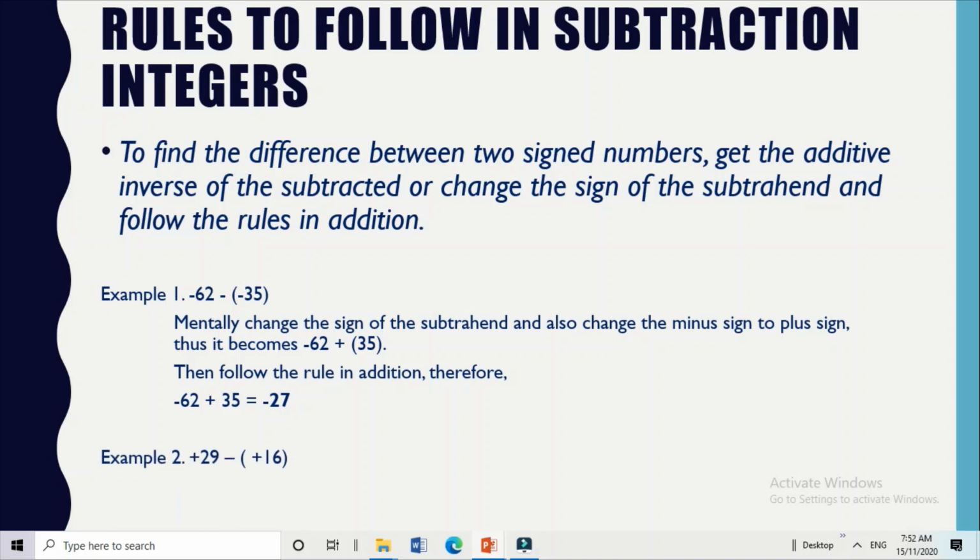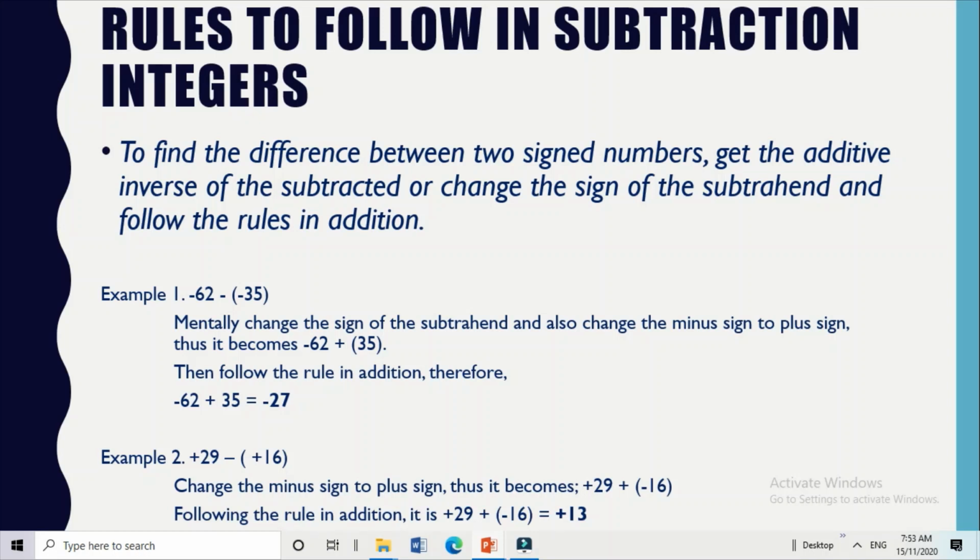Example number 2. Positive 29 minus positive 16. So, get the opposite sign of positive 16, and that is negative 16. And then, follow the rules of addition. So therefore, it becomes 29 plus negative 16.